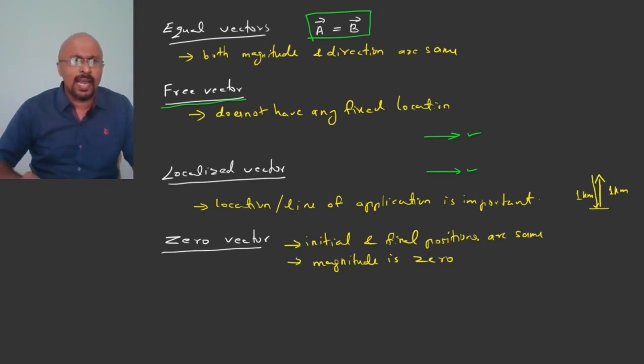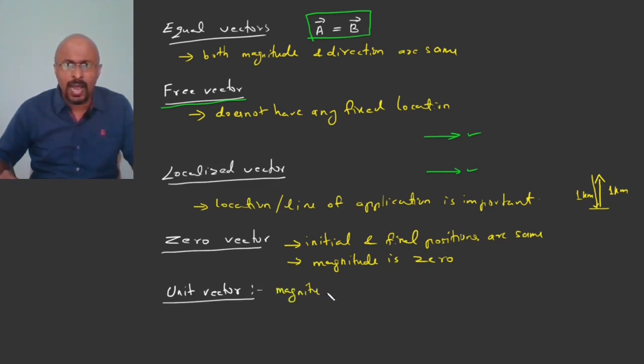Now, the last type we are going to study here is a unit vector. A unit vector simply means a vector with a magnitude of 1. That is, it is used to specify a direction only.